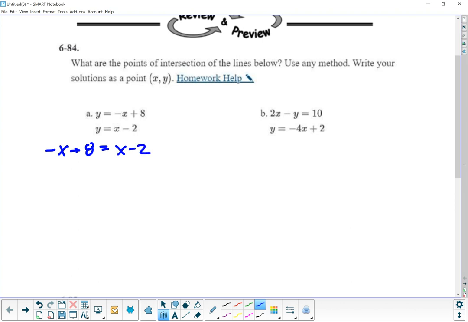Now you're going to try to solve it the best way you can. You can do it 4 different ways, but I'm going to add x to both sides. By doing that, we get 8 equals 2x minus 2, and you do the opposite of minus 2, which is adding 2.